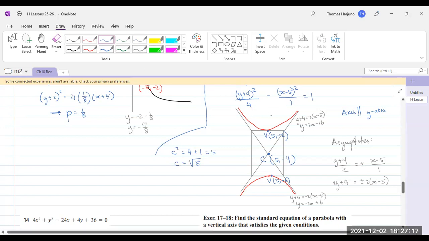So the foci will be here, 5 comma negative 4 plus radical 5, and here, 5 comma negative 4 minus radical 5. Okay, so now we have all the details for this hyperbola.